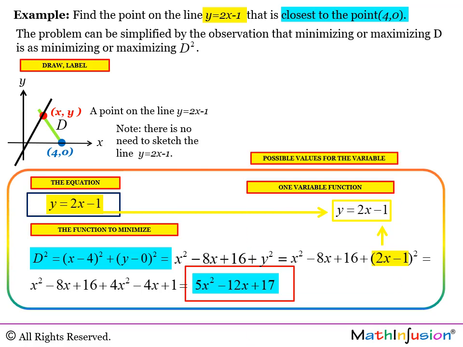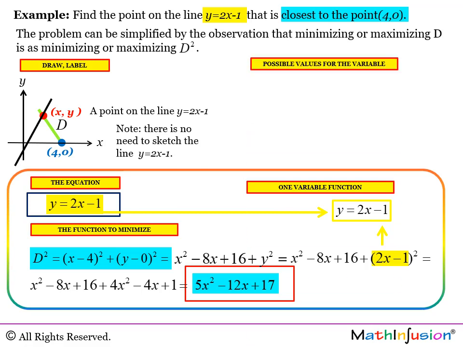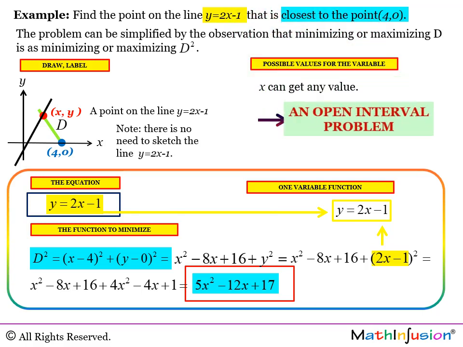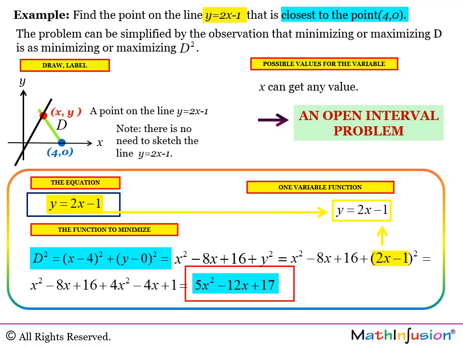What are the possible values for the variable? Well, the truth is that x can get any value that you just want. It means that this is an open interval problem.